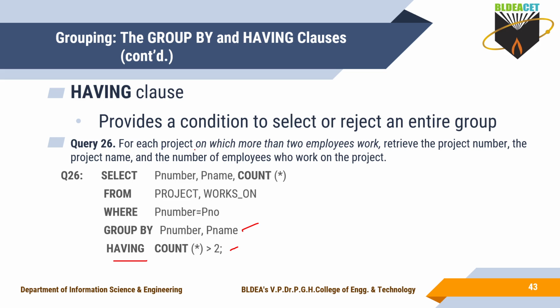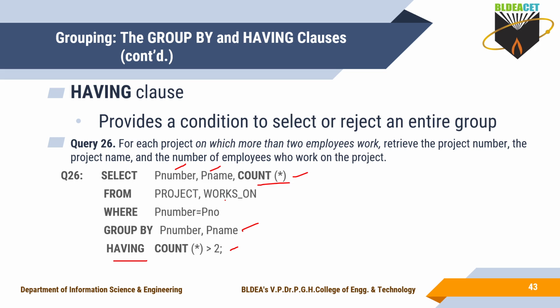This is one example. For each project on which more than 2 employees work, retrieve the project number, project name and number of employees who work on the project.